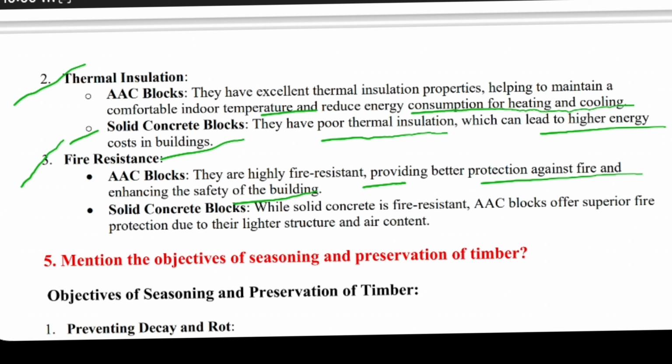Solid concrete blocks are also fire resistant, but compared to aerated blocks they do not give superior fire protection. So you cannot compare them.